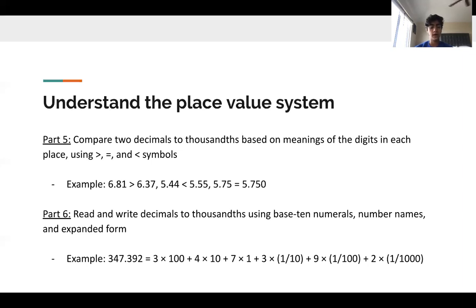Now we have to go ahead and represent each digit by a certain script in math, and I'll go ahead and show you what I mean. So if we're looking at the number 347.392, we want to write that in expanded form. Well, let's start with the largest digit, right? The 300. So 300 is written as 3 times 100.